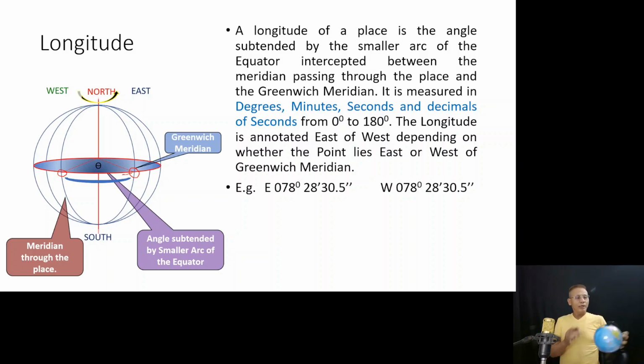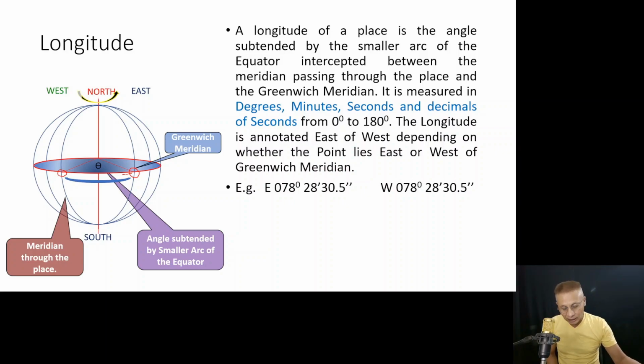and if you want to be very accurate, you can measure it in decimals of the second. Let us consider that this is the Greenwich meridian which passes through the United Kingdom, and this is the anti-meridian. If I start measuring from here onwards, there can be 180 degrees, and similarly there can be 180 degrees on the other side.